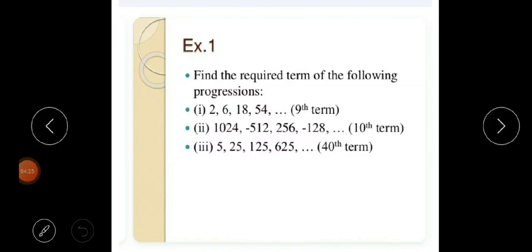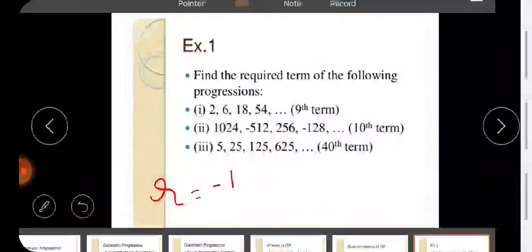Next part, your first term is 1024 and second term is minus 512. So what is R? Minus 512 upon 1024, that is minus 1 by 2.